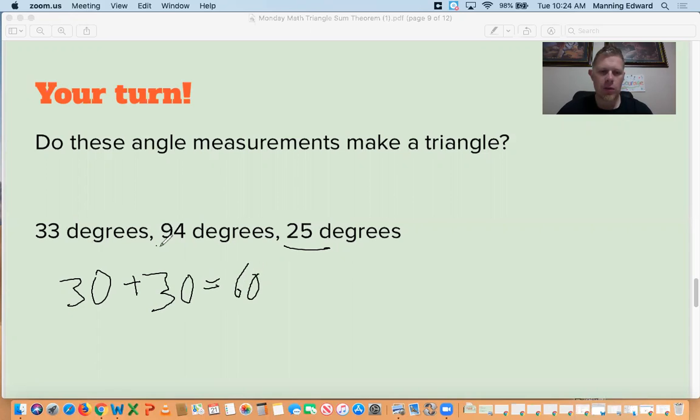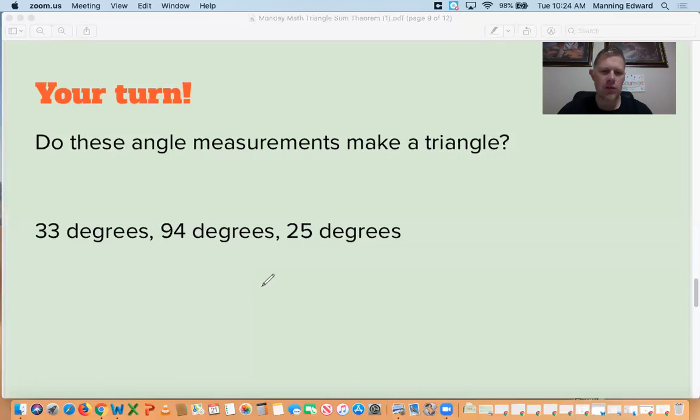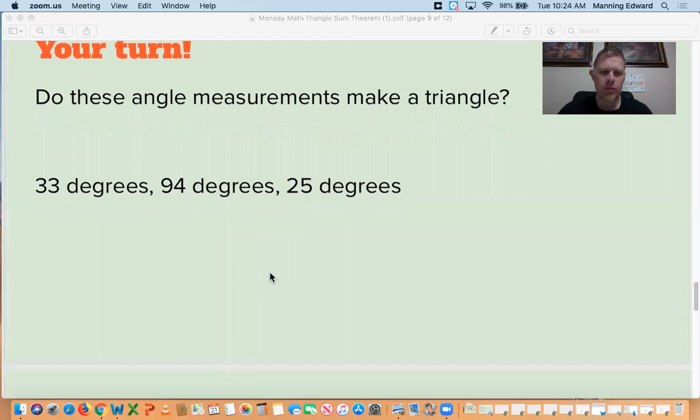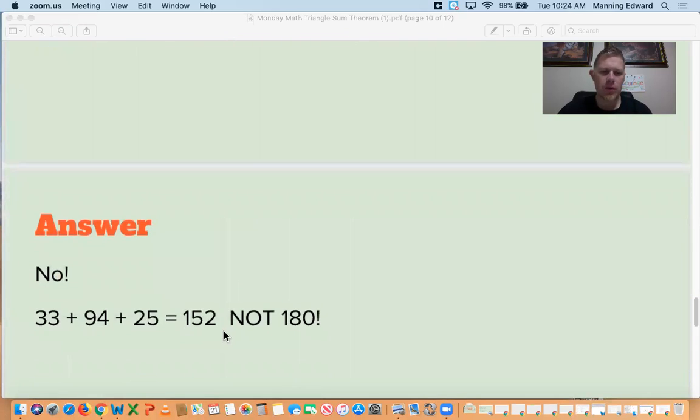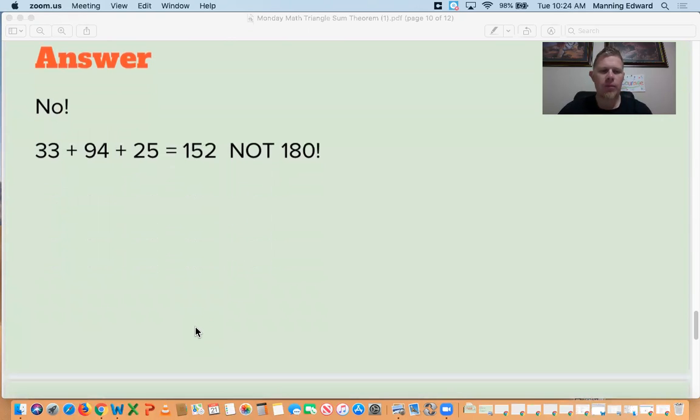Now, if I round this up to 100, so that would be plus 100, that's going to equal about 160. So no, it did not equal 180. Now, of course, you can get a calculator and figure that out. But no, it'd be 152. I said 160 because I rounded.